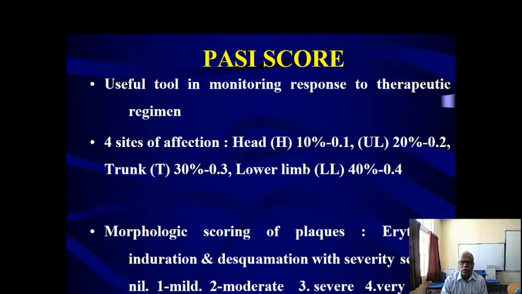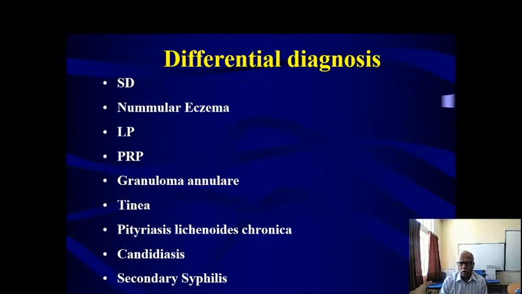Then morphological scoring, whether it's only erythematous or associated with induration, plaque formation or desquamation. So depending on that, we score them 0, that is no lesions, 1 mild, 2 moderate, 3 severe, and 4 very severe.